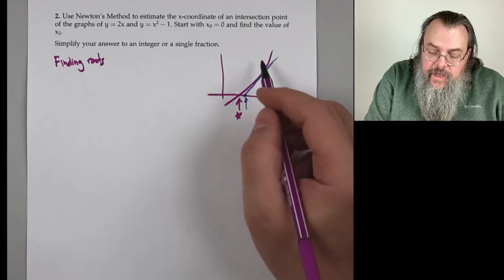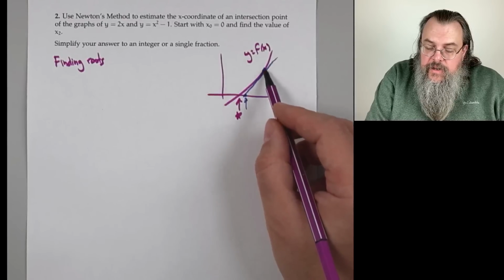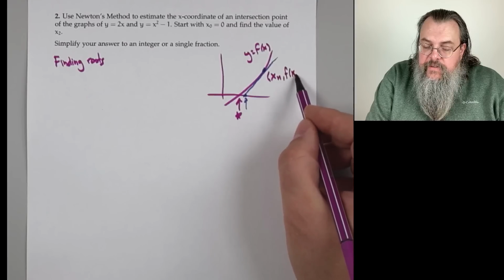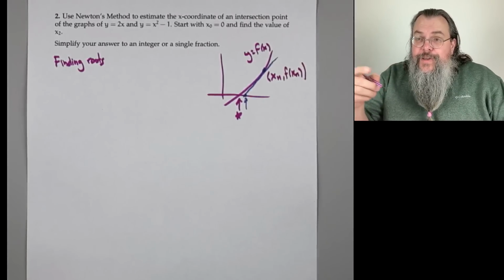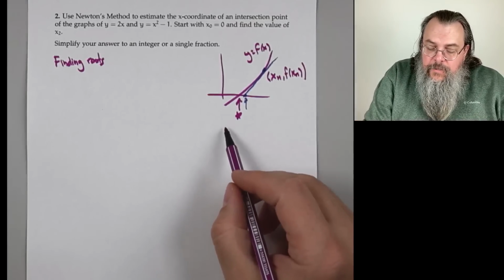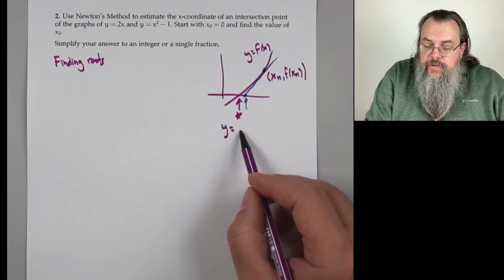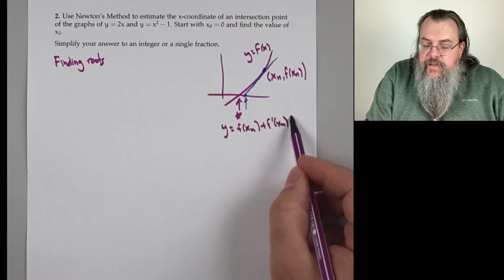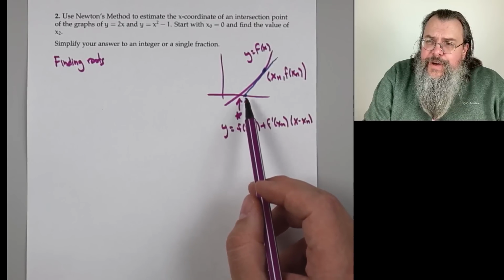So if you work it out, if this is the curve, say y equals f of x, and here is our current guess, so that's at the point x sub n, f of x sub n. The subscript says, what's the number of my guess? So we start with an initial guess, we improve it, we improve it, we improve it, and then what works out is, the tangent line would be y equals f of xn plus f prime of xn times x minus xn. Now, we're after that point. What's special about that point?